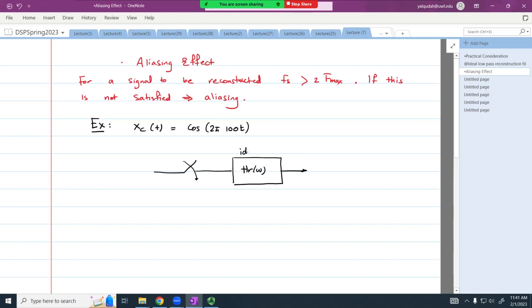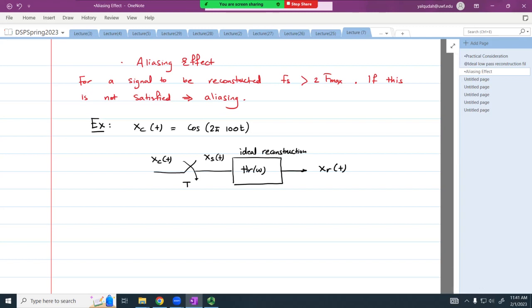So this is an ideal reconstruction filter. And I'm going to sample it every T seconds. This is x continuous. This is going to give me x sampled of t.